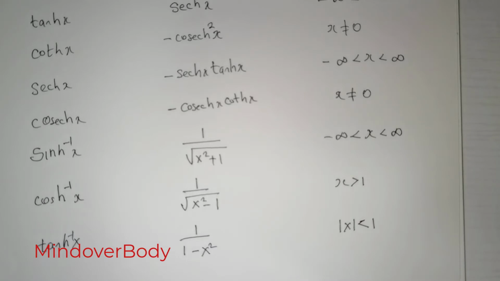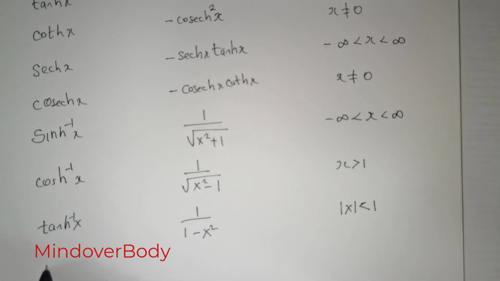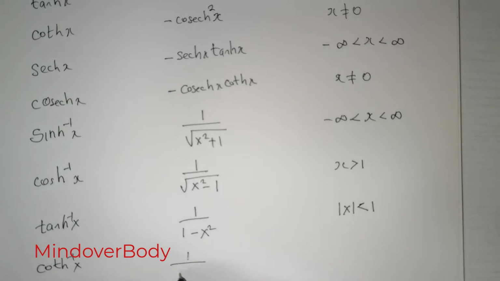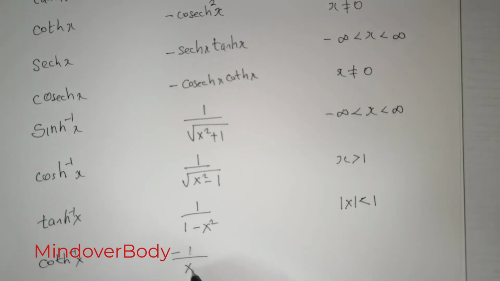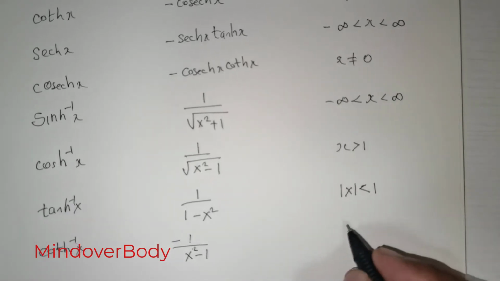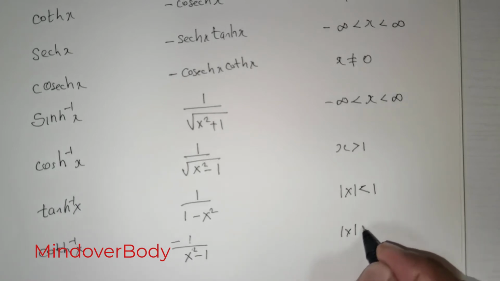So having obtained all this so far, let's complete coth inverse of x, in fact hyperbolic cot, and that's going to be 1 over, with a negative sign there, x squared minus 1, and the domain, that's very important, is modulus of x greater than 1.